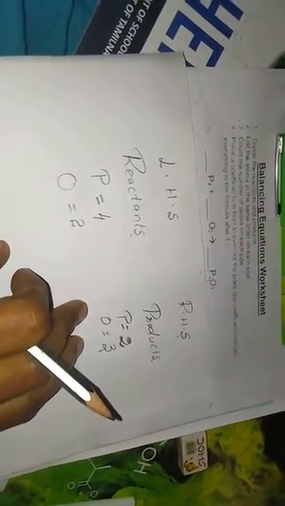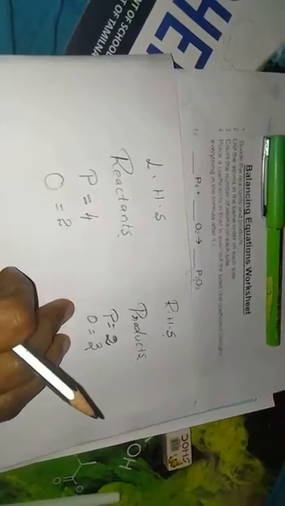In the reactant side phosphorus is 4 and in the right hand side phosphorus is only 2. Oxygen is 2 here and 3 there. How are we going to balance this?